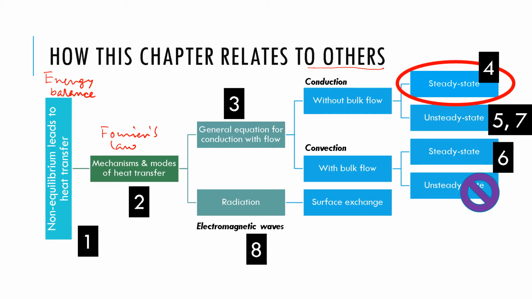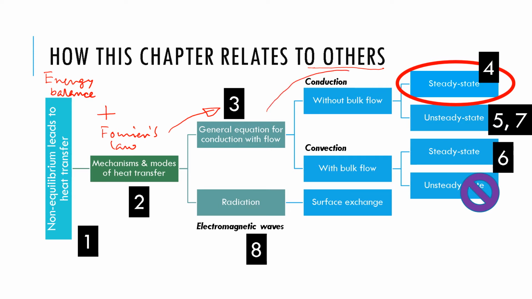And so we combine the energy balance in chapter 1 with Fourier's law in chapter 2 to reach this general equation of heat transfer that I just showed in the previous slide. Okay, so that is the general equation, and we're going to do special cases.